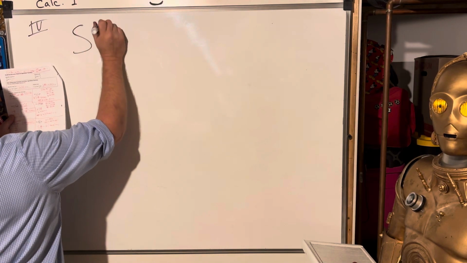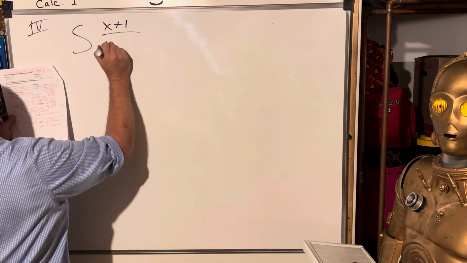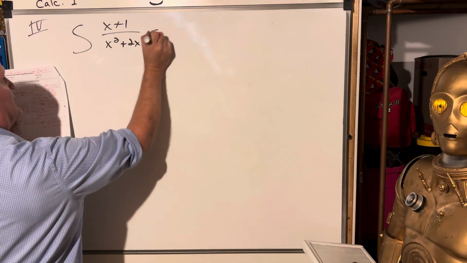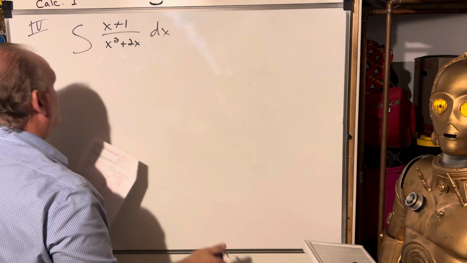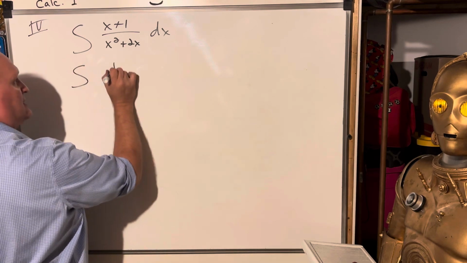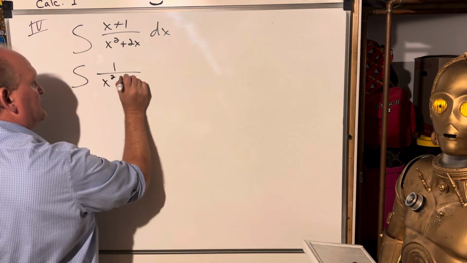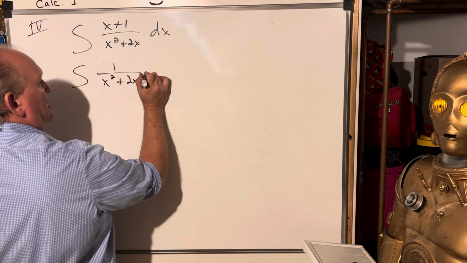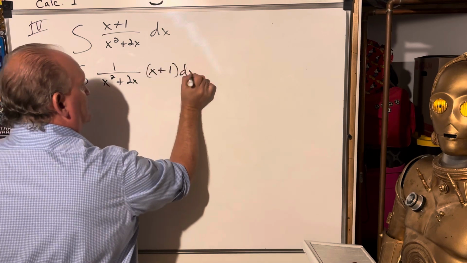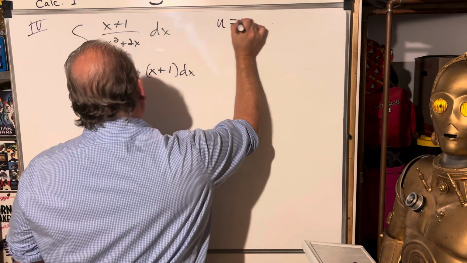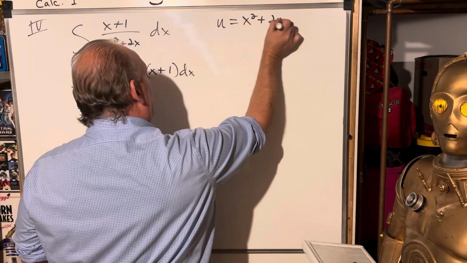We have x plus 1, x squared plus 2x dx. So again, let's take a look at this like this: 1 over x squared plus 2x, and then times x plus 1 dx. And so u is going to equal x squared plus 2x.